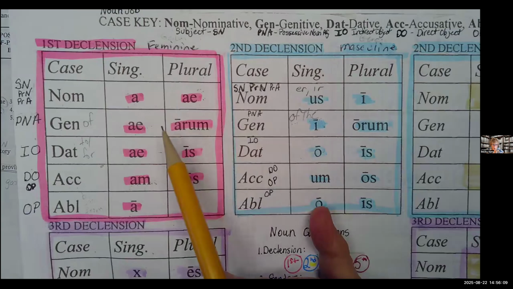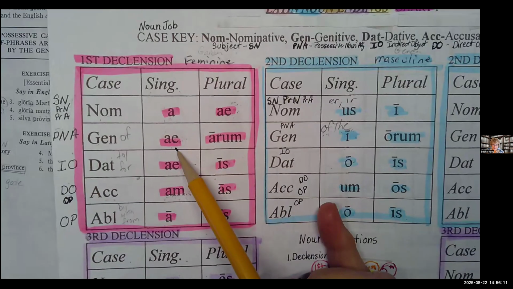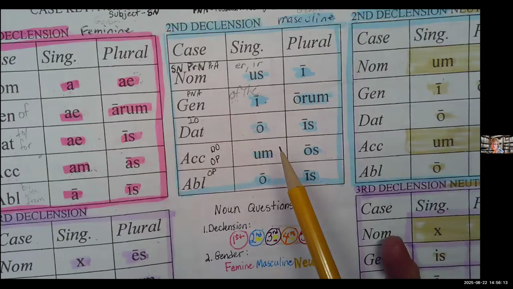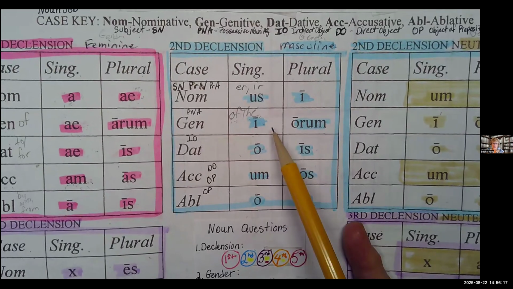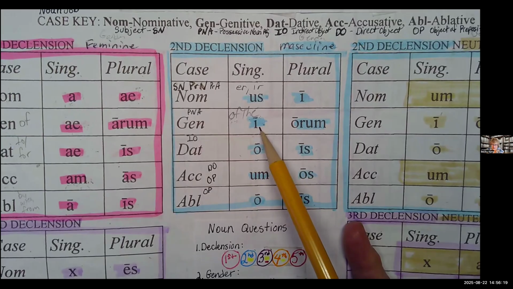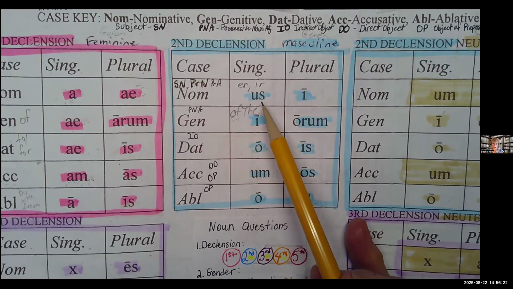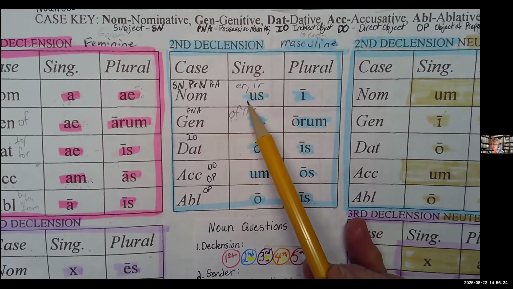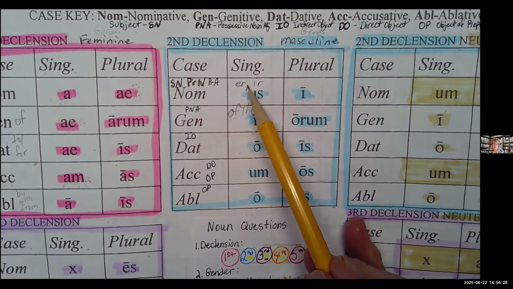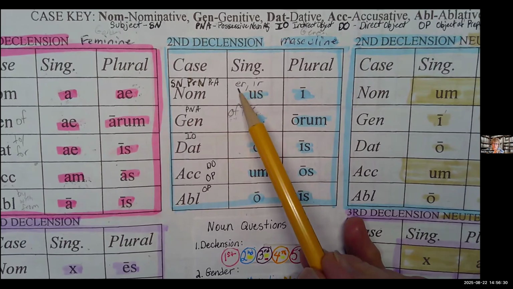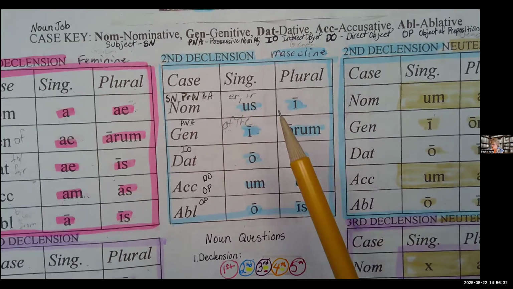First declension always ends in AE, and the genitive of the second declension is always, forever and ever, an I, pronounced E. The nominative could have us, most of them are us, but on occasion we have an irregular or ER. So I wrote those in on my noun declension sheet here.